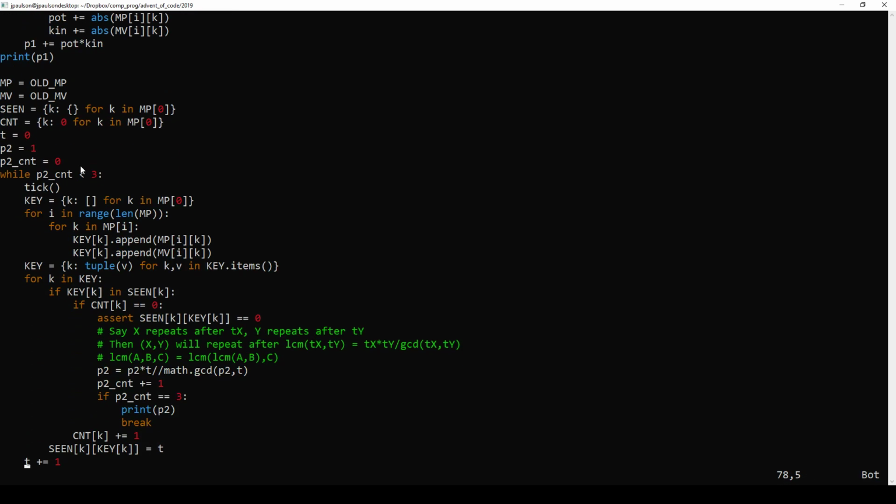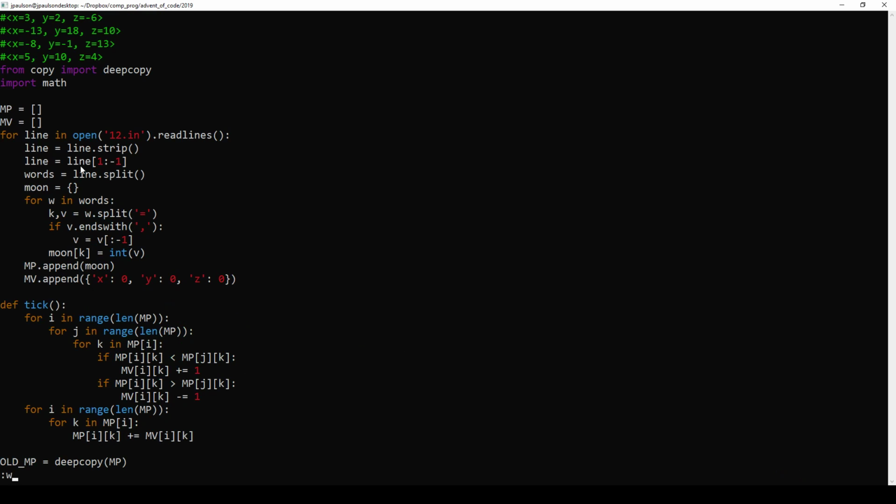The other claim that I need to be true for my solution to work is that each axis actually repeats in a reasonable amount of time. So why should that be true? Well, we have 4 things, so that gives us 8 numbers on each axis: a position and a velocity for each of 4 things.